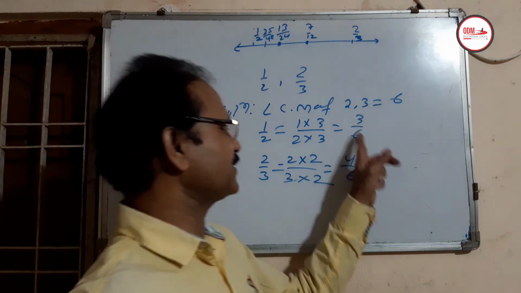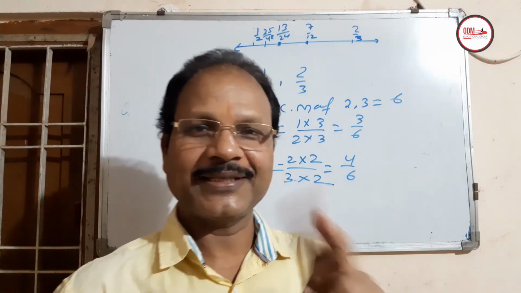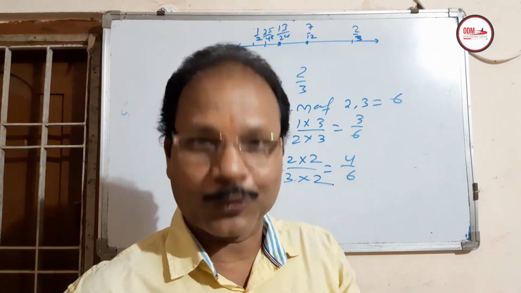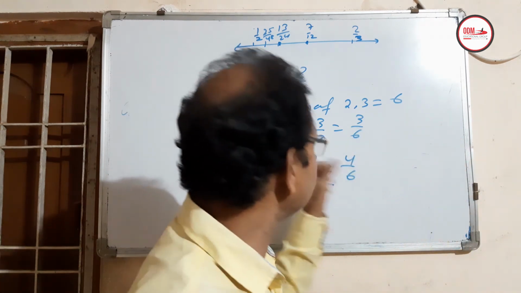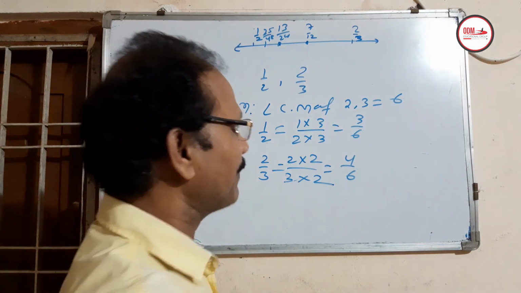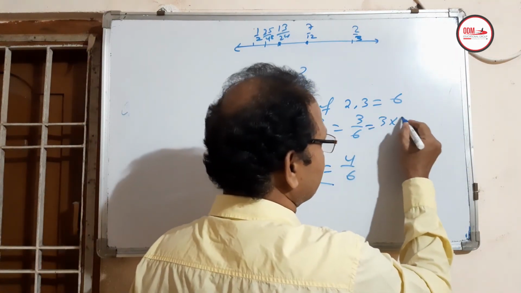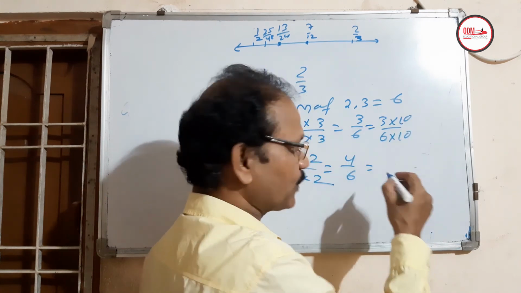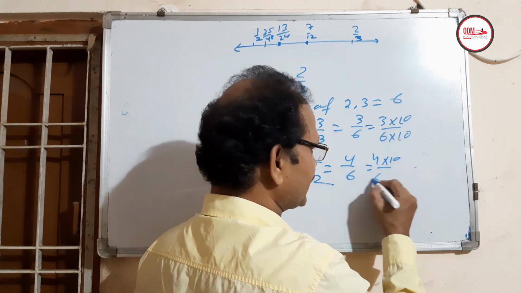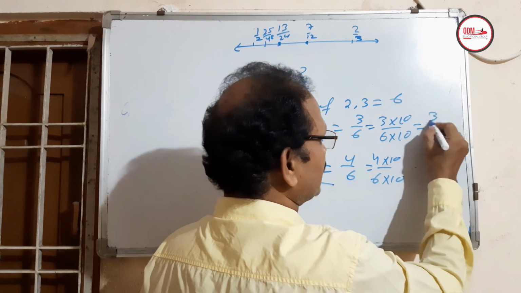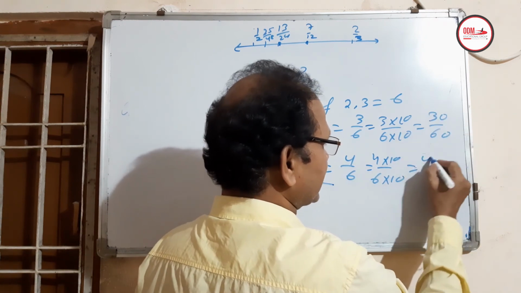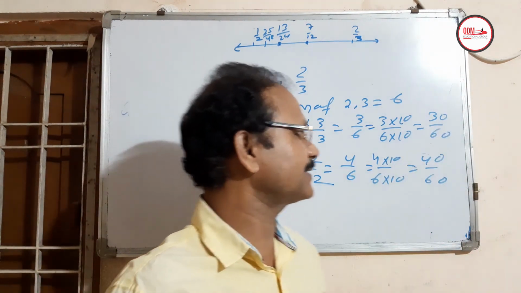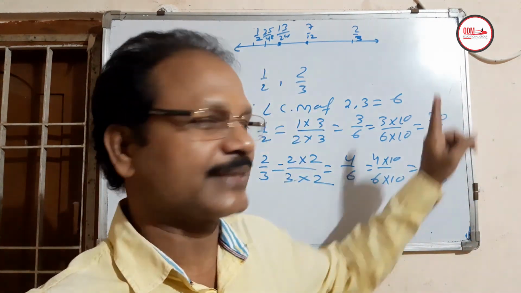So you see 3 by 6, 4 by 6. There is no rational number in between these. You cannot find one if you keep it like this. That's why multiply both numerator and denominator by 10 or 20 or 30. 3 into 10, 6 into 10, so we shall get 30 by 60, and in this case 40 by 60. Now you can find 31 by 60, 32 by 60, 33 by 60.